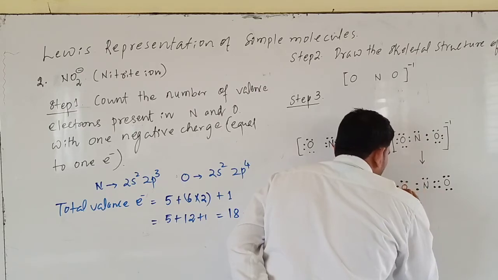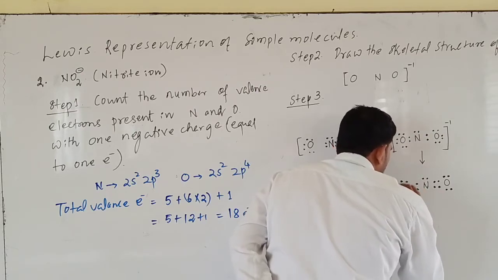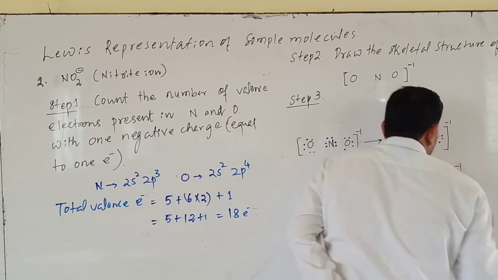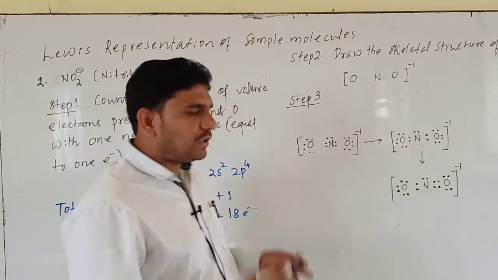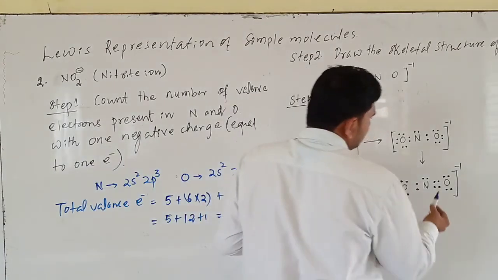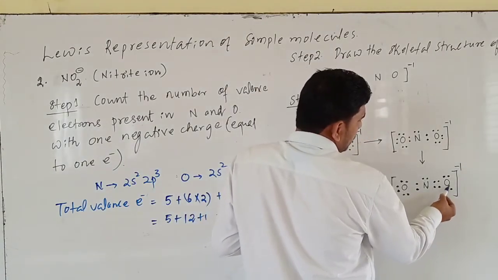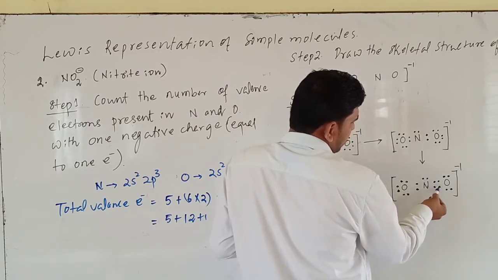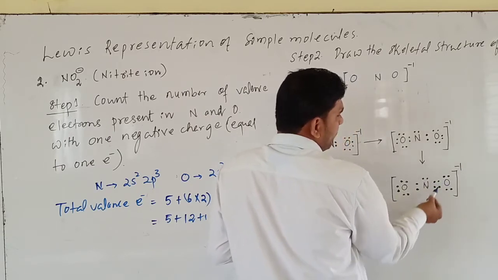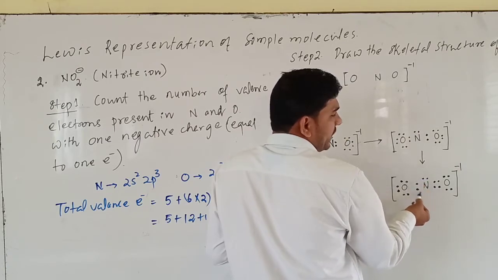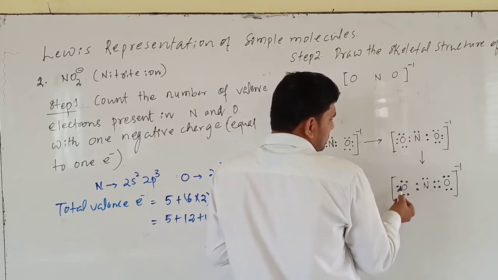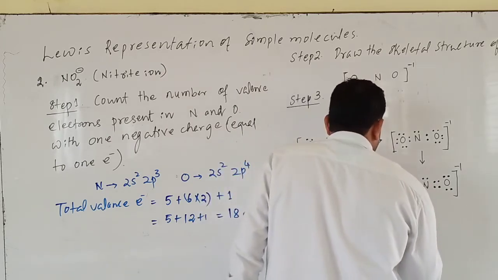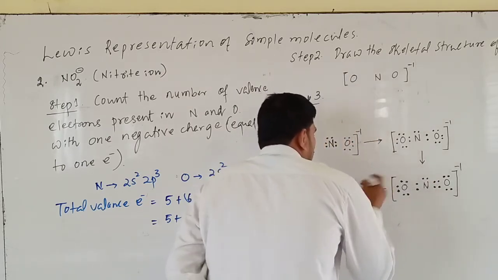Check whether all elements satisfy the octet: this oxygen is 4 plus 4, 8. Nitrogen shares 4 electrons with oxygen, 4 plus 2, 6 plus 2, 8. The other oxygen is 6 plus 2, 8. So the octet is satisfied.